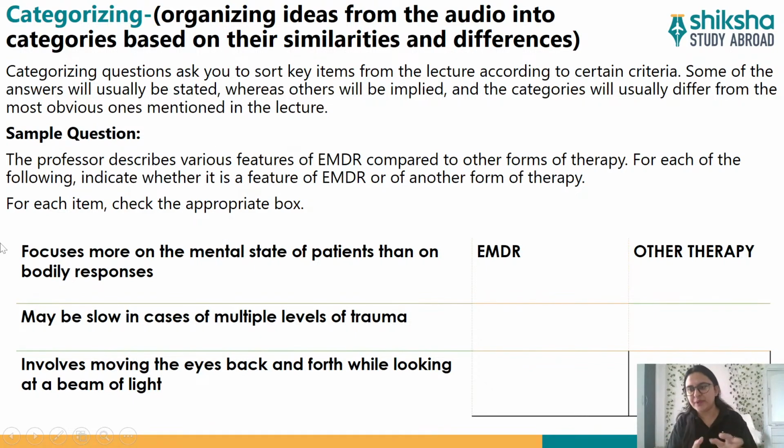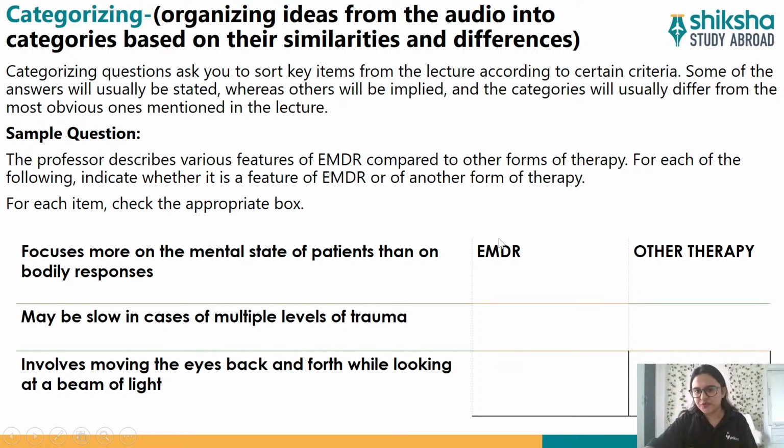So again, these kinds of questions can come up in the form of a table or in the form of a flow chart, something like this. So for example, this sample question is, the professor describes various features of EMDR compared to other forms of therapy. So EMDR is one form of therapy and it has been compared to the other forms of therapy, as you can see in the table as well.